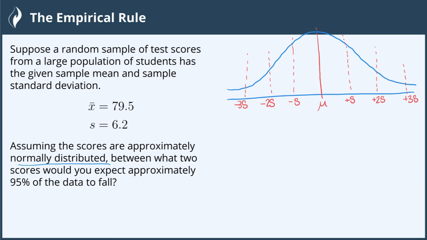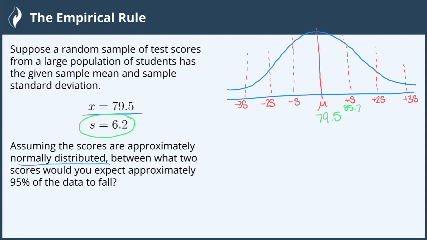And now we can go ahead and fill in what we have to match the approximate standard deviation. We were told that we have a sample mean of 79.5. So we can put that right in the middle, 79.5 for the score. If we add the sample standard deviation, 6.2, one time, we will get 1 standard deviation above, making the score 85.7.